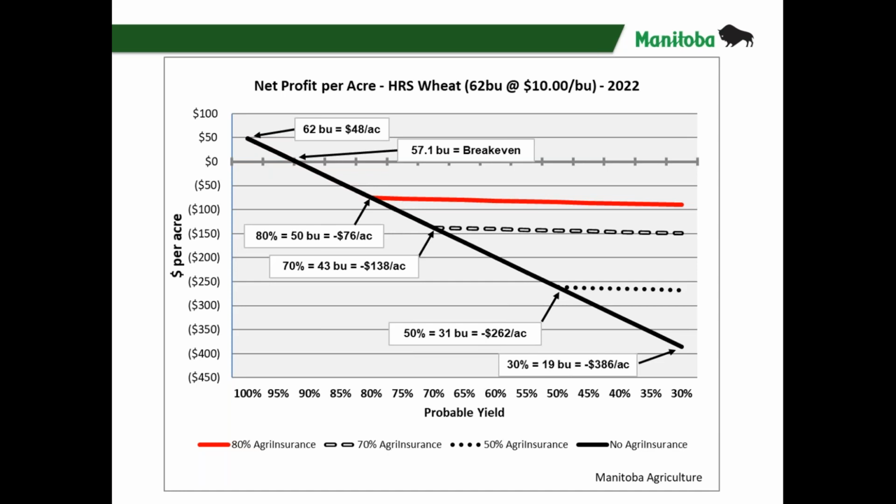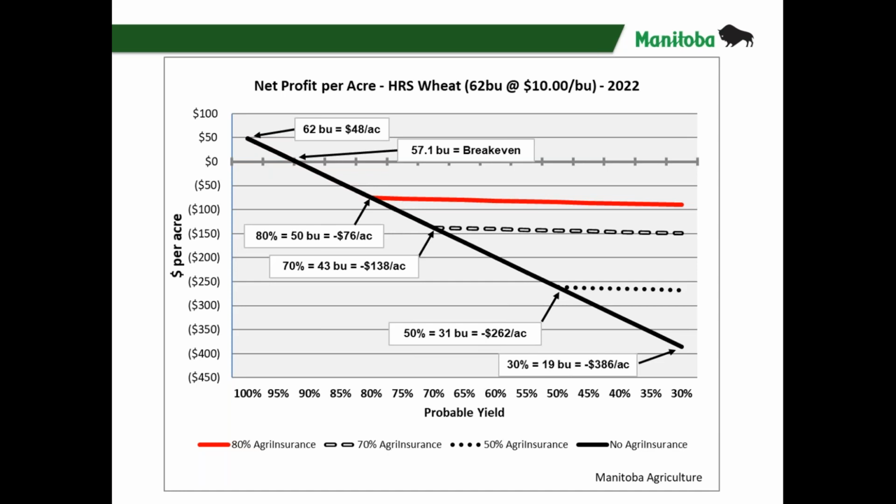One of the biggest differences, obviously, from the upcoming season to last year is that this upcoming season, we have a very expensive crop input package, where last year, comparatively speaking, we didn't. So the numbers would have been a lot different from last year to this year.